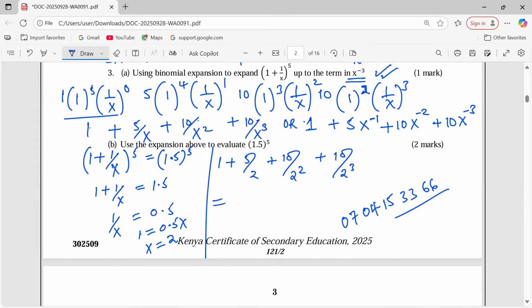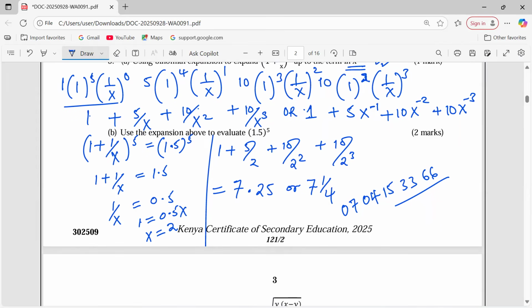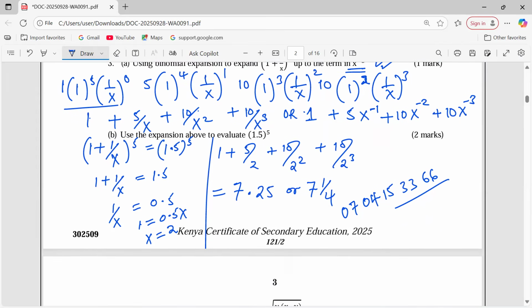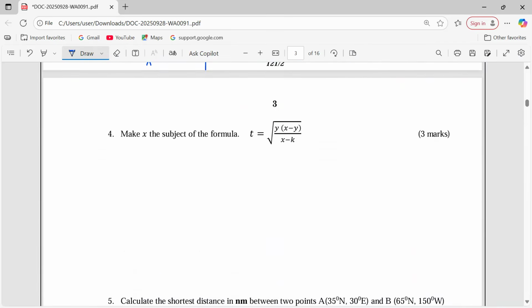And when you use your calculator keenly to compute this, you shall get 7.25, or simply 7 and a quarter. So that's how you apply binomial expansions in working out numerical cases.